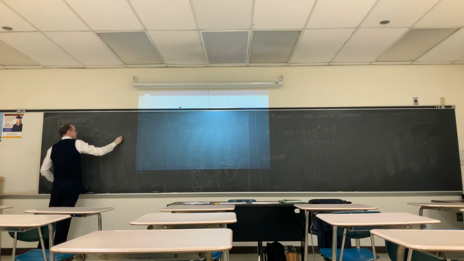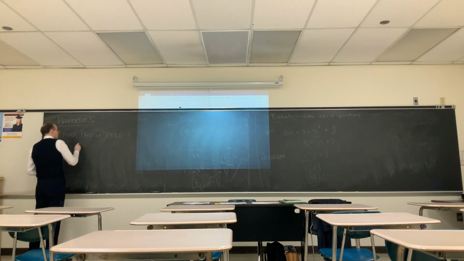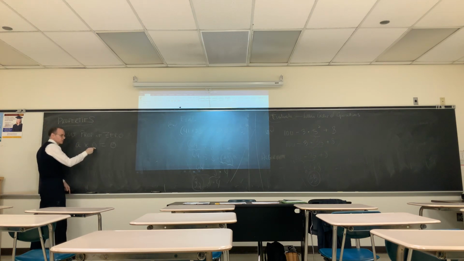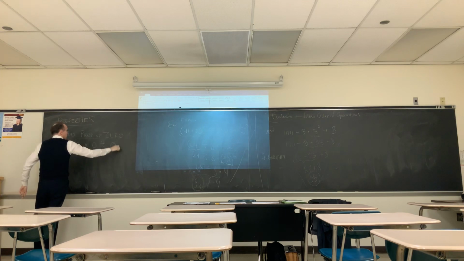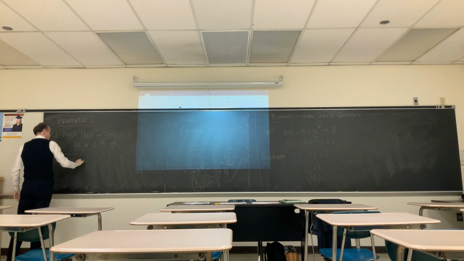Basically it is formally written as something like this. A times 0 is 0. A is anything, and anything times 0 equals 0. And there's this, the additive inverse property.